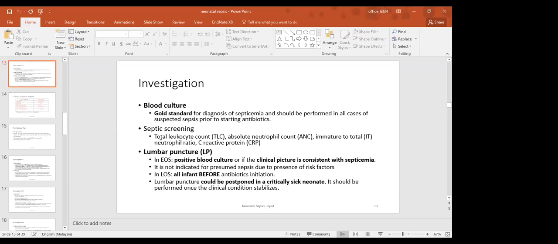This child has no risk factor, but in my eye the child is not as active as other babies, then I can start antibiotic and no one can question me. Because the principle is, in an immunocompromised population, you start antibiotic early, and you stop when it's not indicated. So you give antibiotic, then do investigations, and when you are certain there's no sepsis, you can stop. It may take 24 or 48 hours before you stop the antibiotic. Okay, understand?